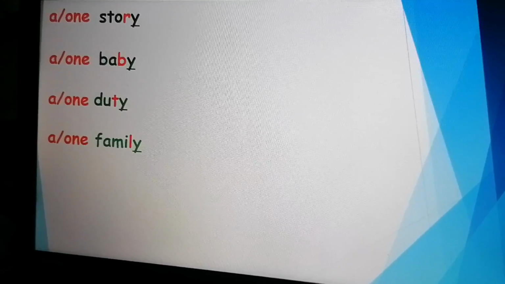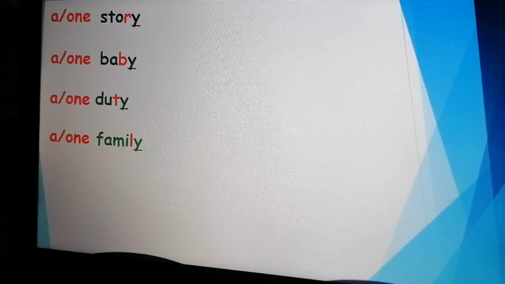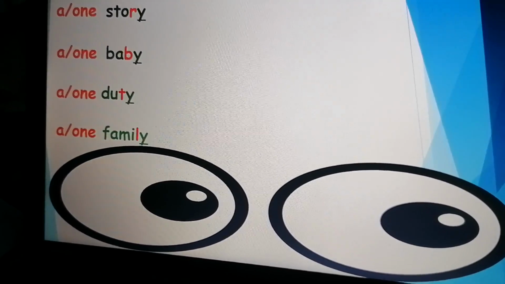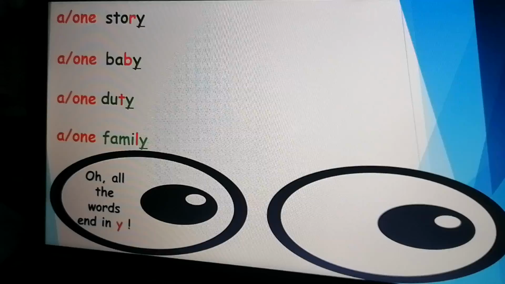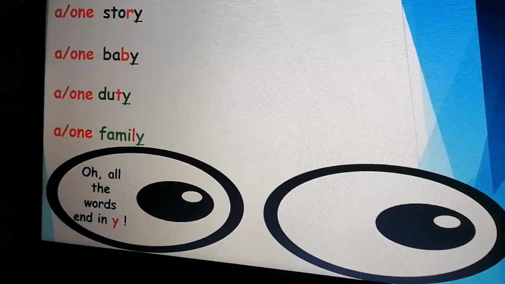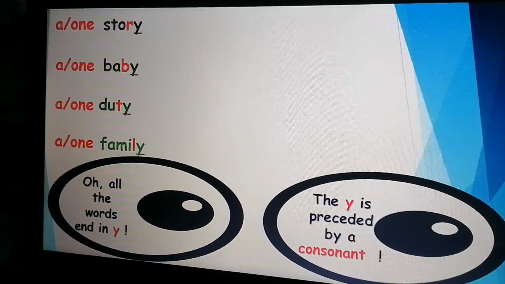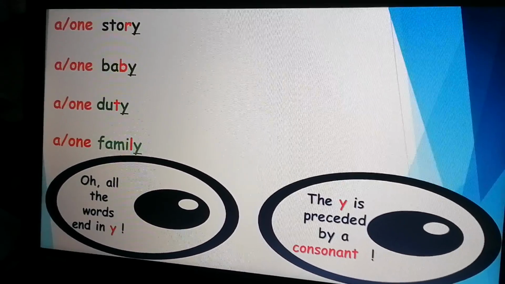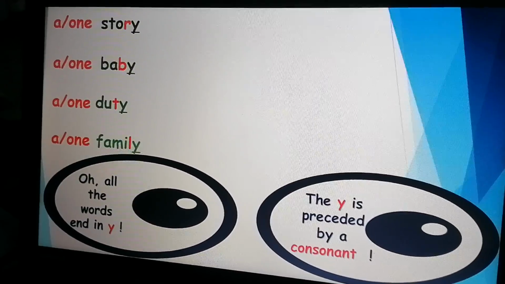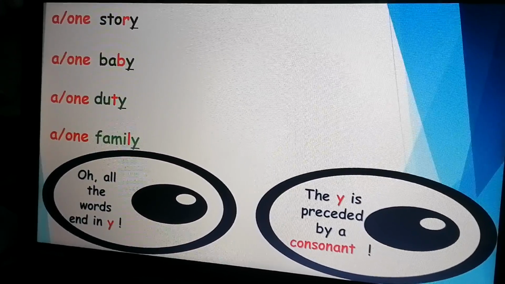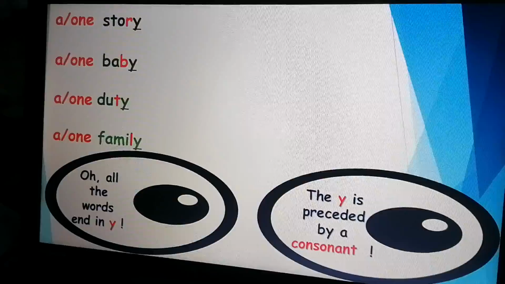Okay, what did we notice from these 4 examples? Grade 2 students, we notice that the 4 words all end with a Y. We also notice that the letter Y is preceded by a consonant letter like R, B, T, L. So before the letter Y, we have a consonant letter.